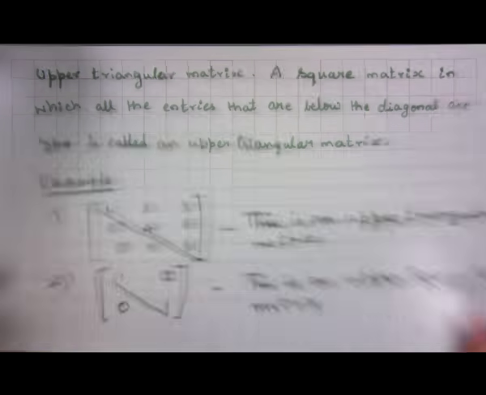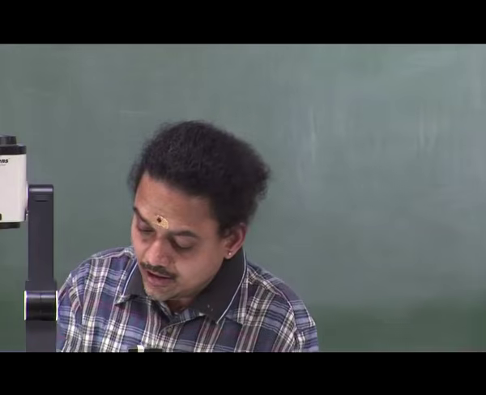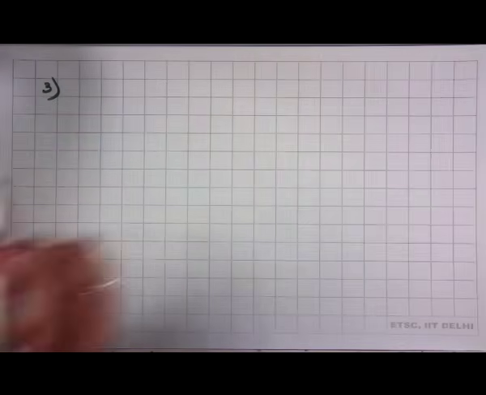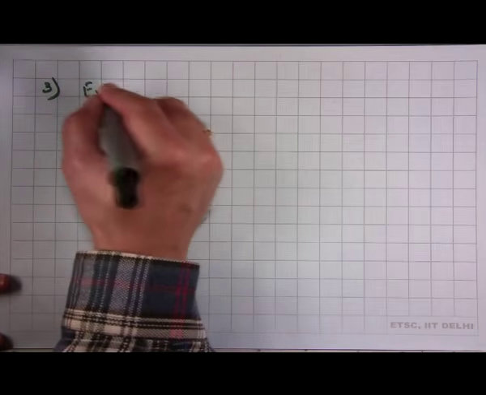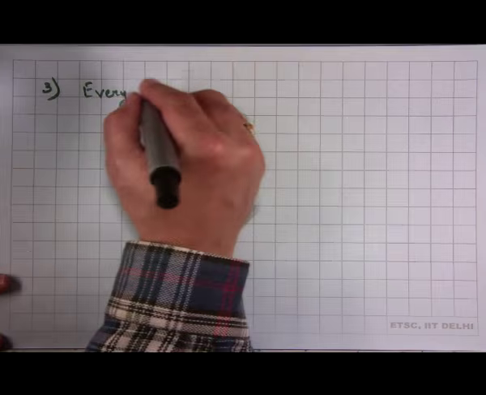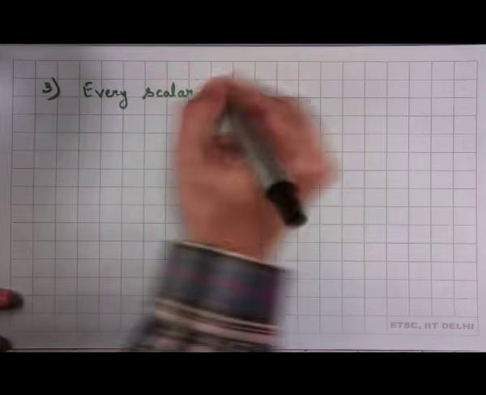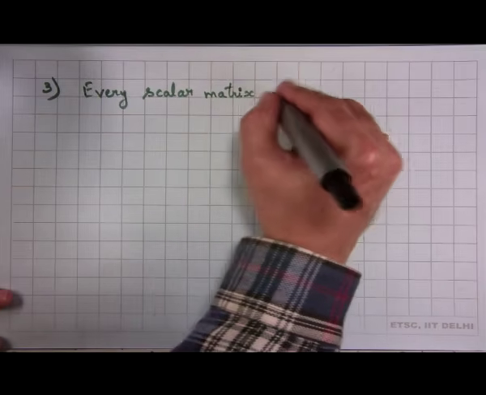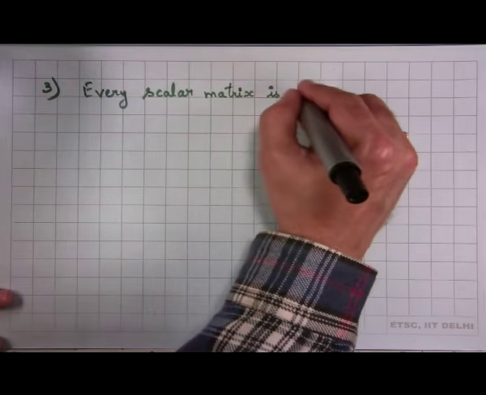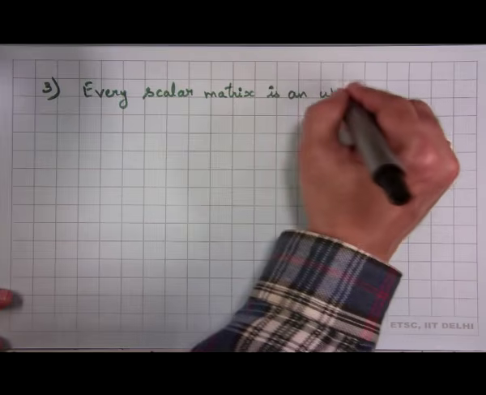Let us look at one more example. In fact, this example is a generalization of the previous one, the identity matrix. Every scalar matrix is an upper triangular matrix.